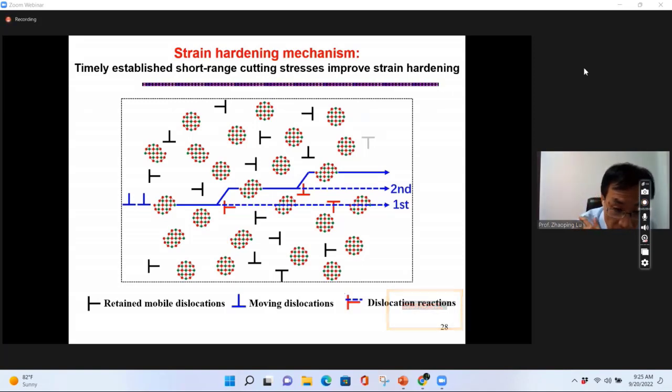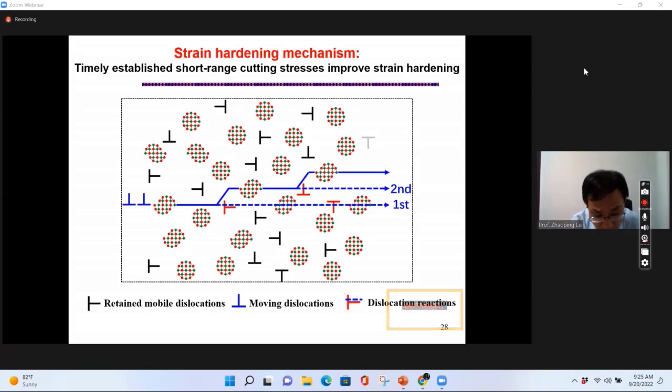When the dislocation second time cuts through these particles and the dislocation line meets this red spot, it will switch to another parallel crystal plane. So still, this slip is not on the same plane, it's on parallel planes.